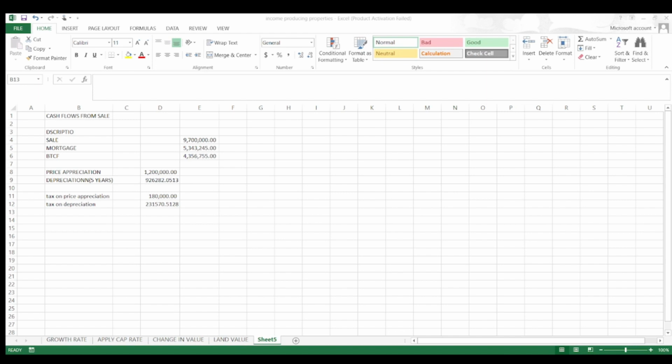Now, with that information, we can get our total capital gain tax. In this case, it will be equal to this plus that. So that's the total taxation for that particular period, which you can simply now add there and get our after-tax cash flow.